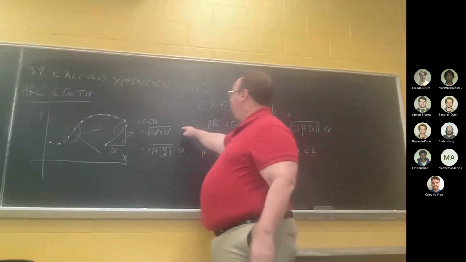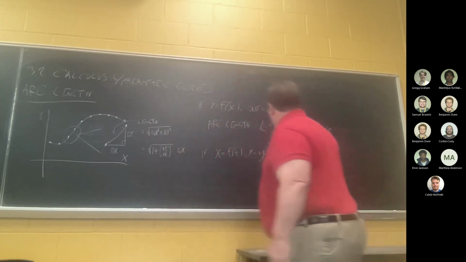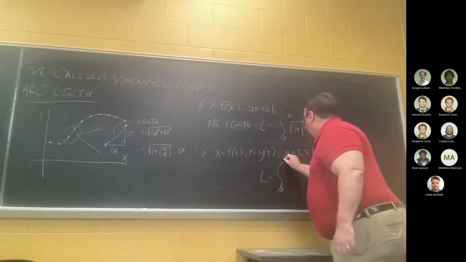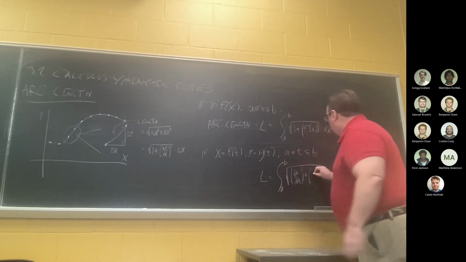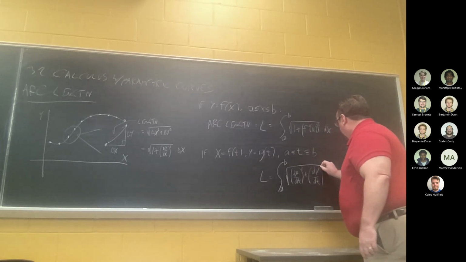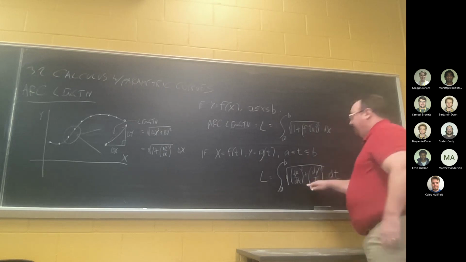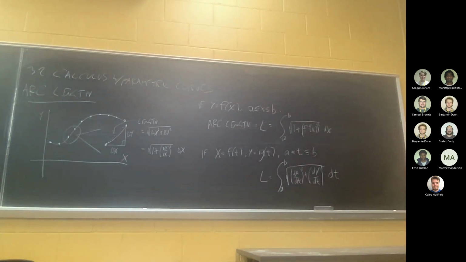So I have a delta t sitting outside, and the delta t in the denominator I bring inside. That's going to give me the square root of (dx/dt) squared plus (dy/dt) squared, and then dt. You can see how this expression relates to that one, just by multiplying and dividing by dt, or delta t. Okay, and that's how you compute arc length for a given description of the curve.